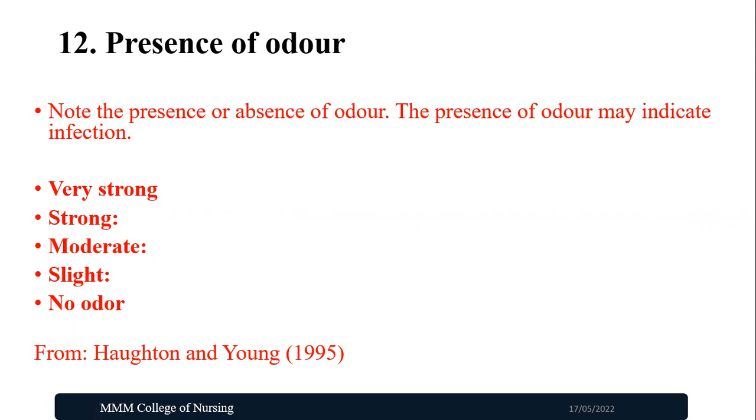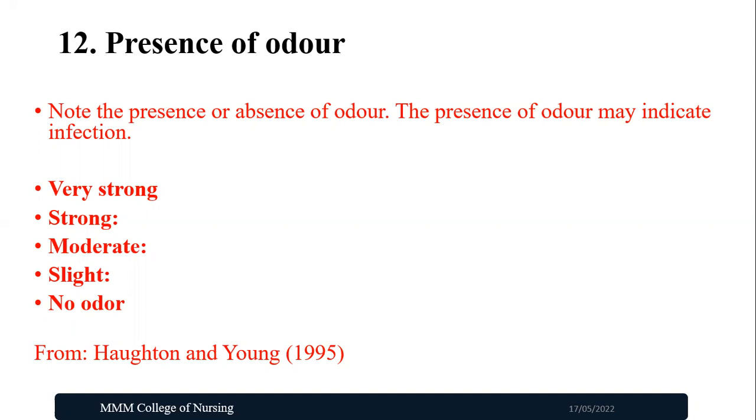So when do you say there is a strong, very strong odor? We can say the odor is evident on entering the patient room itself, that is 6 to 10 feet or 2 to 3 meters away from the patient with the dressing intact. The strong odor will appear on entering the room, again 6 to 8 feet or 2 to 3 meters away from the patient, when the dressing is removed.